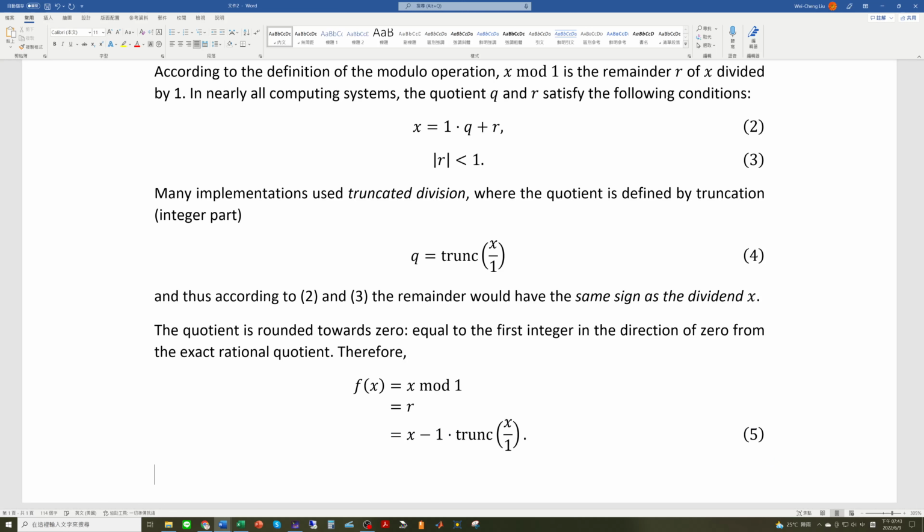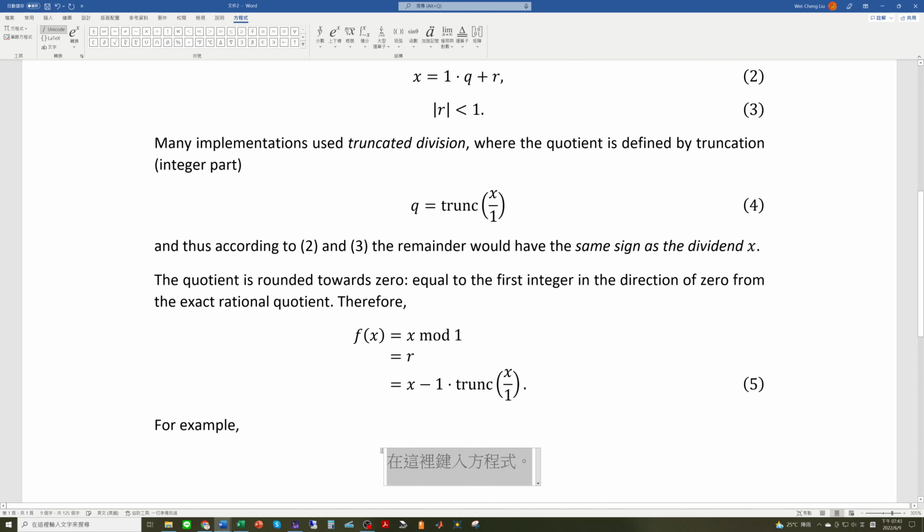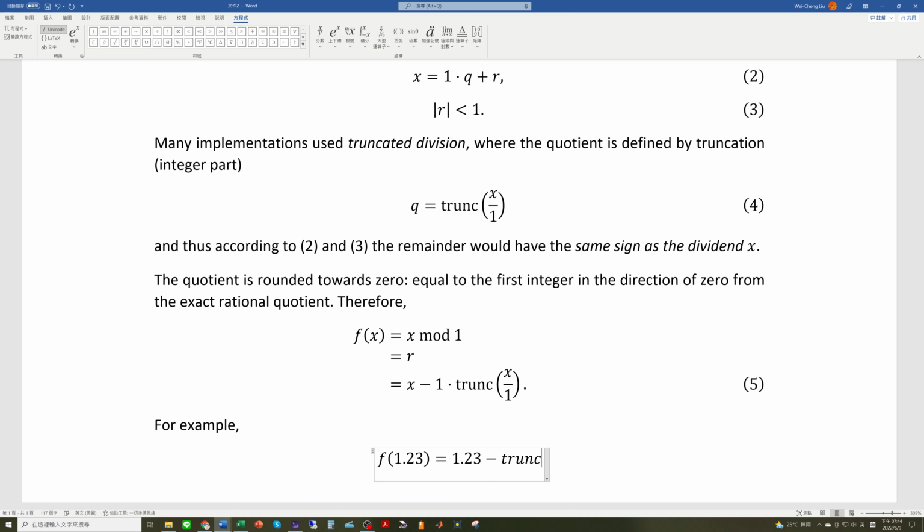For example, f of 1.23 is equal to, now x is equal to 1.23, so it's equal to 1.23 minus trunc of 1.23 over 1.